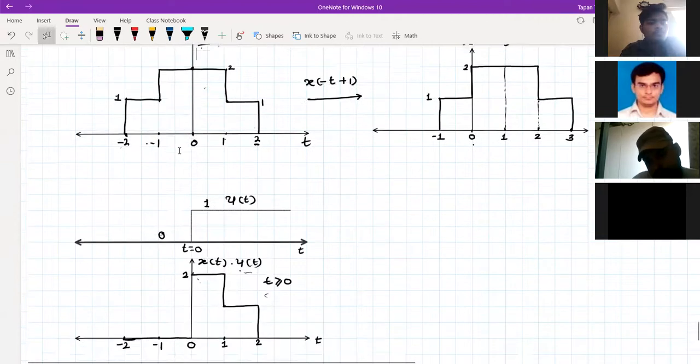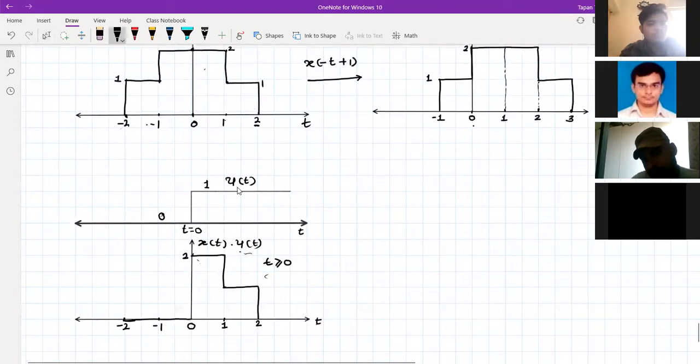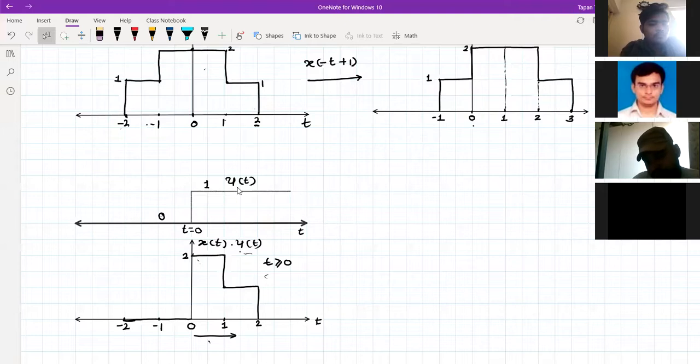And then the last one was that if you multiply the original signal x of t with u of t, then you get the signal only on the right-hand side of the y-axis. So the signal exists only for t greater than or equal to 0.